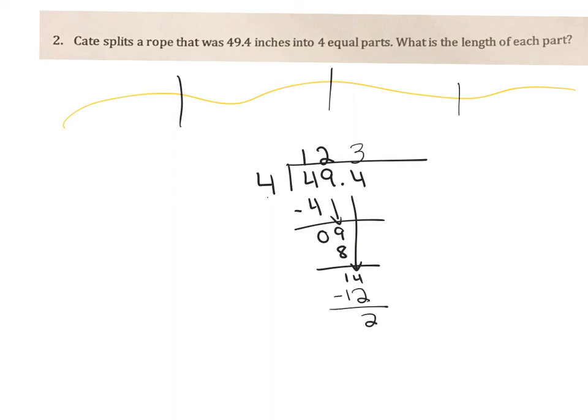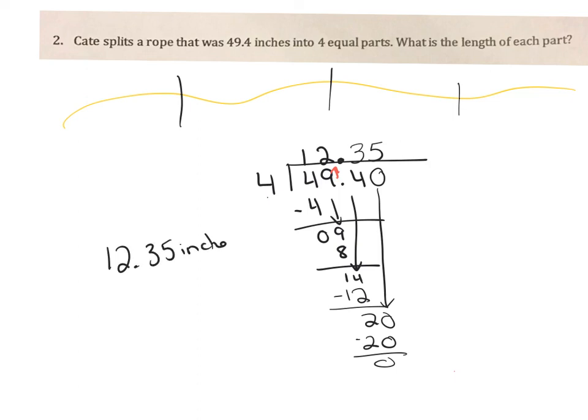But you still have left over, so drop down a 0. Bring it all the way down. Well, 4 will go into 20 5 times exactly. And then we have to remember to bring this decimal up. So the answer would be 12.35 inches. 3/500 inches, sorry.